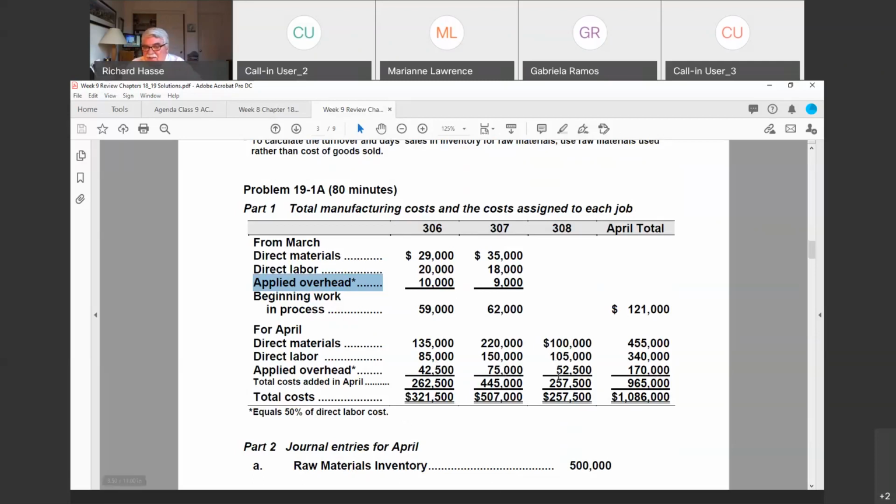Later in the accounting year, we'll make sure these amounts are correct when we look at the actual overhead costs. Did we apply it correctly? Many times there have to be adjusting entries for that, but you can worry about that if you're going to be an accounting major.